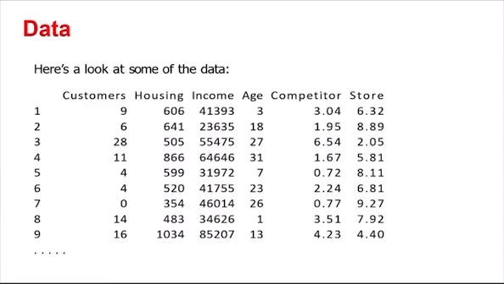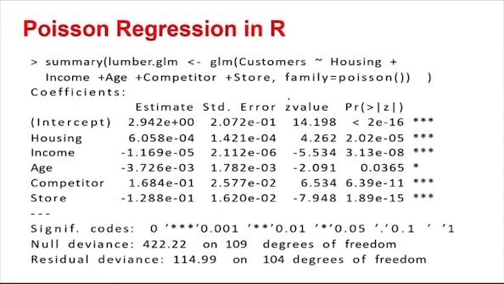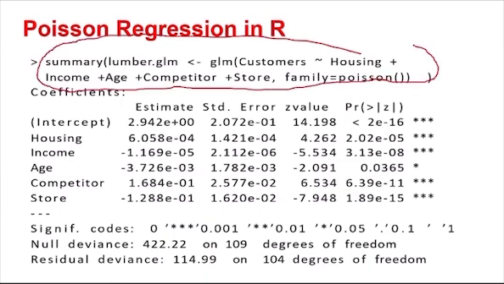Now let's look at how we do this in R. If you want to run this in R, you're still going to use glm, because the Poisson distribution is a family, a member of the generalized linear model.